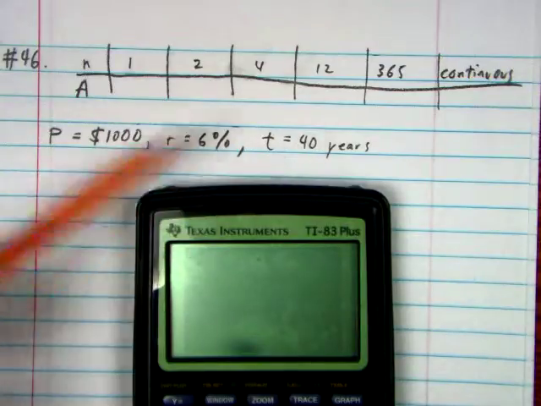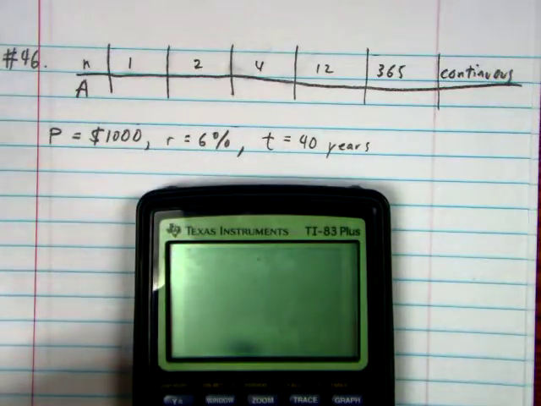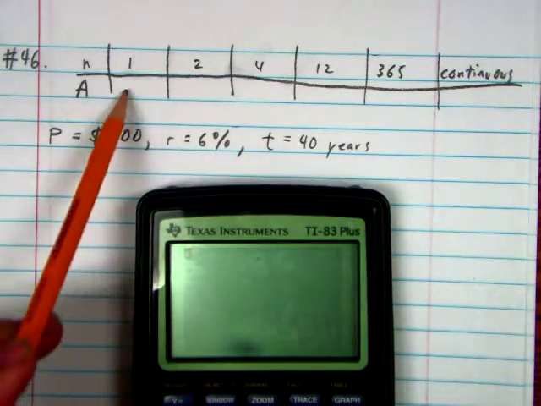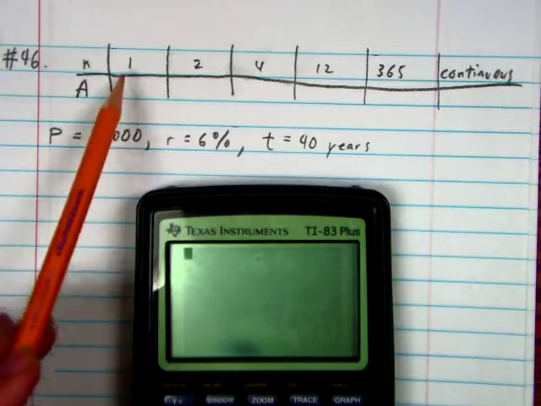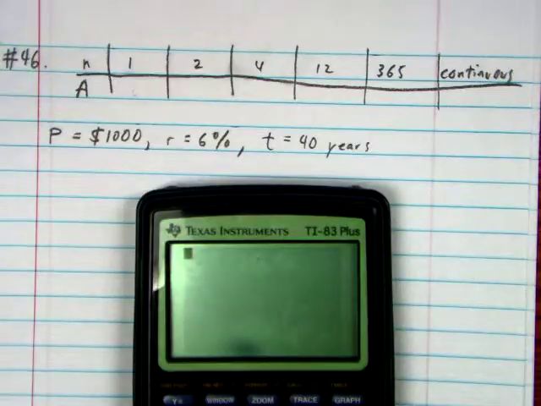So let's do that. Let's clear all this. Okay, we started with $1,000. The interest rate is 6%, and we have 40 years to compound that money. Let's see how much money we would have if we just compounded it once a year. That's what that 1 means.